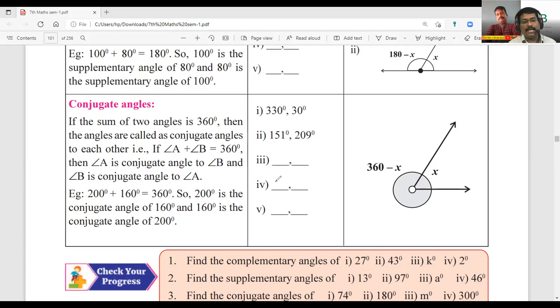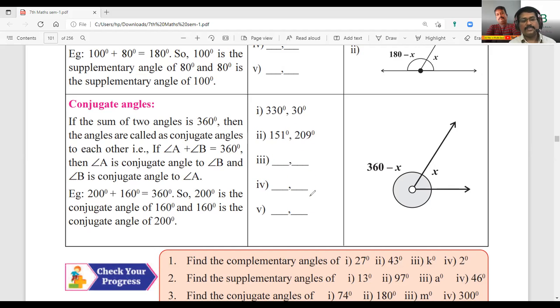Next, one angle is 250, then another angle is 110. One angle is 160, then another angle is 200 degrees. So if the sum of two angles is 360 degrees, then the angles are called conjugate angles to each other.